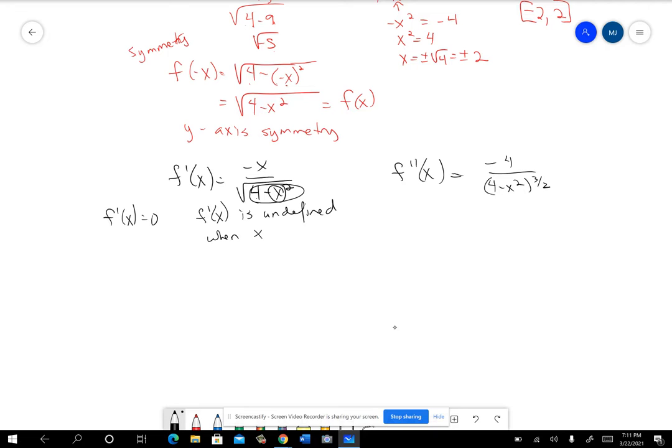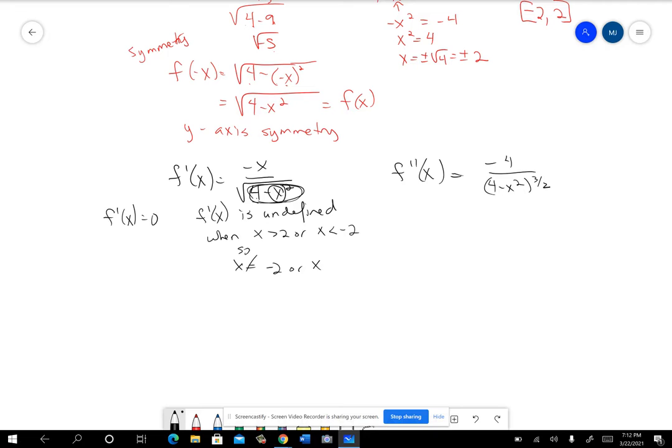So when x is bigger than 2 or when x is less than negative 2, that's when it's undefined. Your domain earlier on f limited you to being just between negative 2 and 2. What this basically does is rule out the endpoints. So x can't be negative 2 or 2.